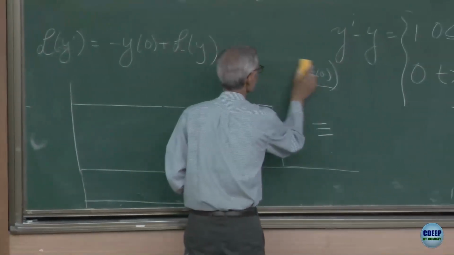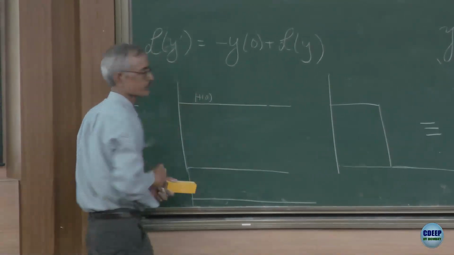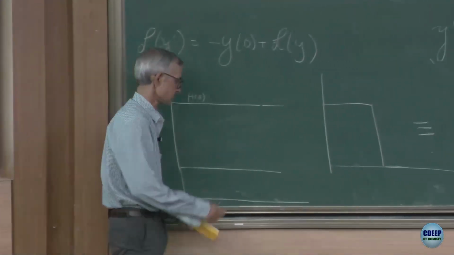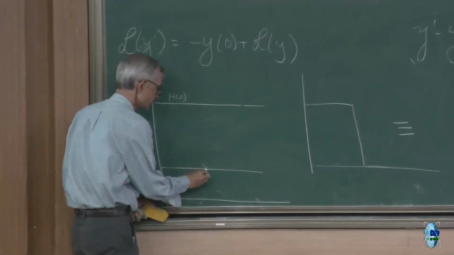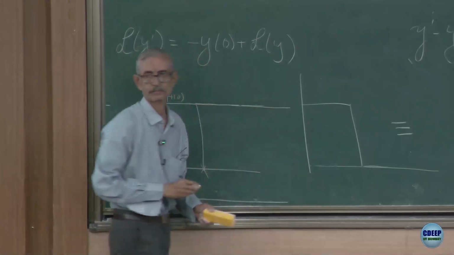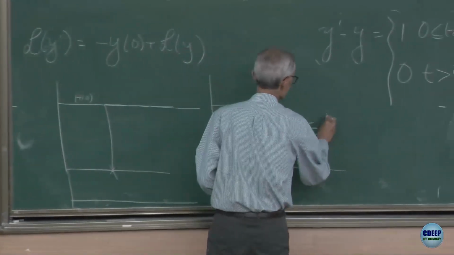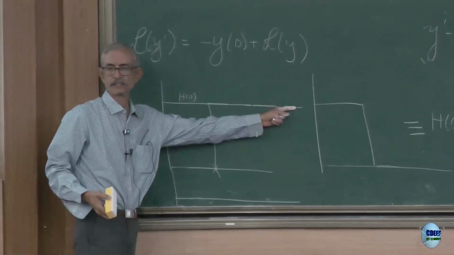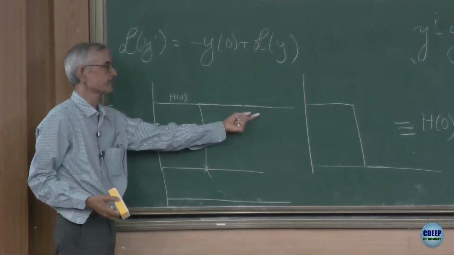Okay, so now let us say that this is h of 0. What would be h of 1? H of 1 would start at 1, go up, and then keep on going, right? So Heaviside 0 starts here and keeps on going, and Heaviside 1 starts here and keeps on going.